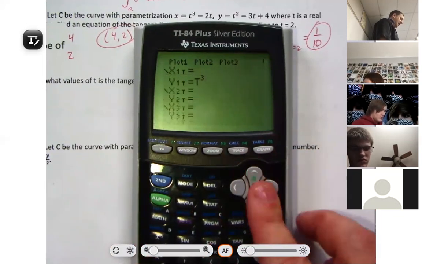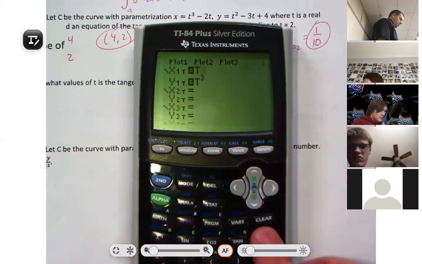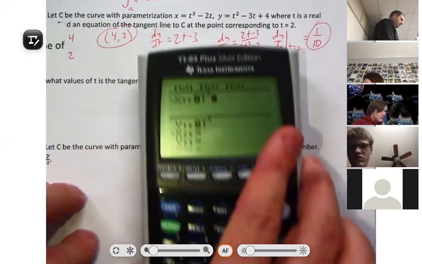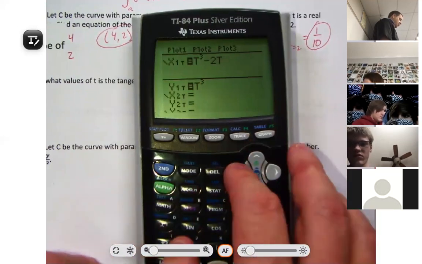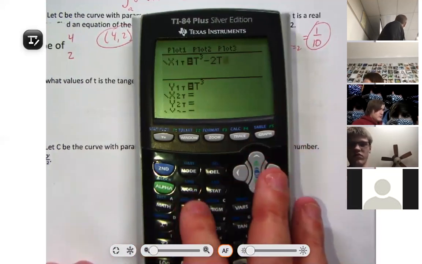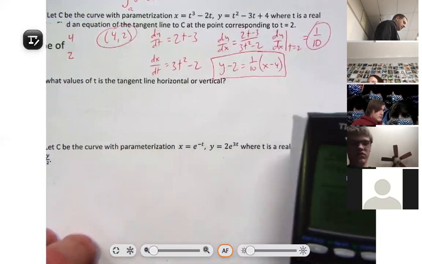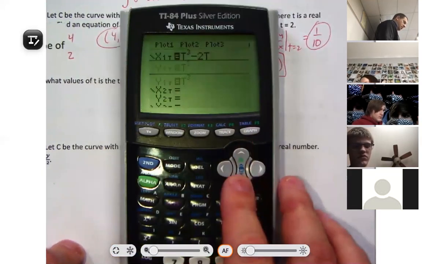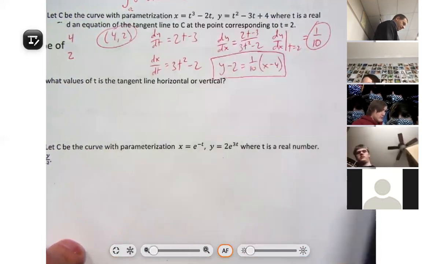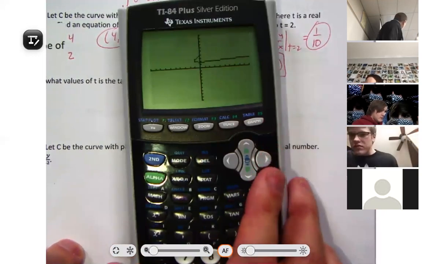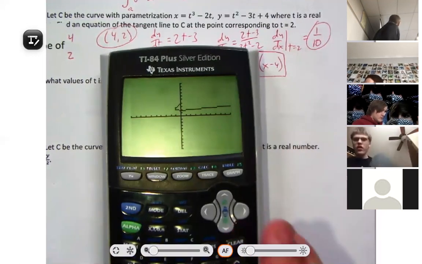Again, this is not something I think you would ever have to do on an actual AP test. And notice what happens now when you push your variable, it's a t instead. And then t squared minus 3t plus 4. And then graph.